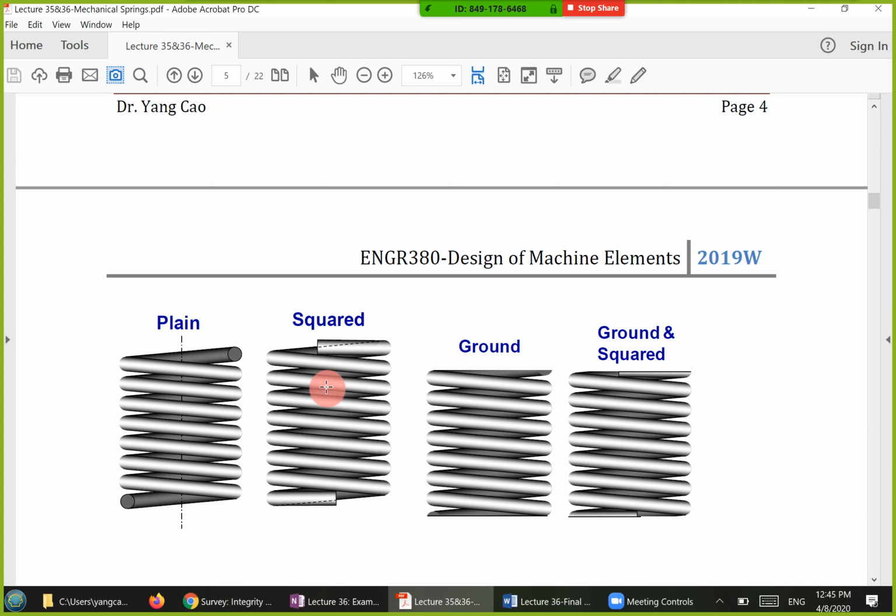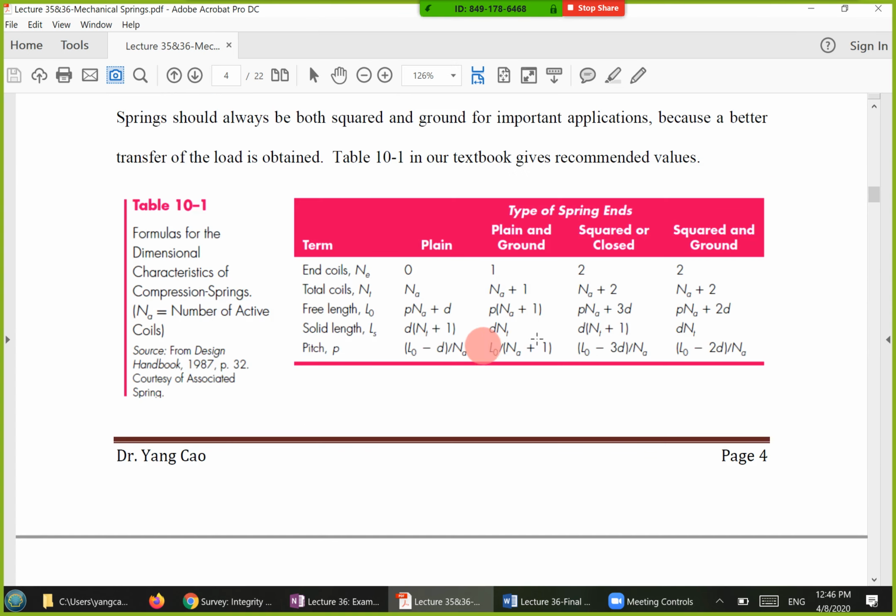We're talking about ground and square, which is this type here. So if I give you a spring sketch like this, or any one of these here, in the exam question, without specifically telling you the ending type, then you need to be able to identify the ending type by looking at the structures. Then you can actually use this table 10-1 properly.